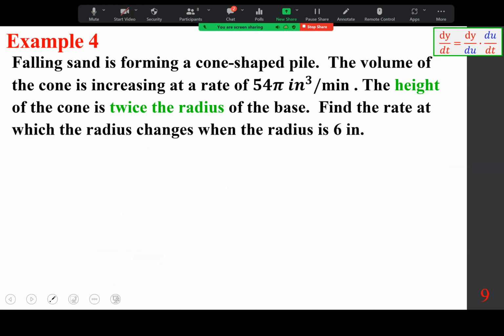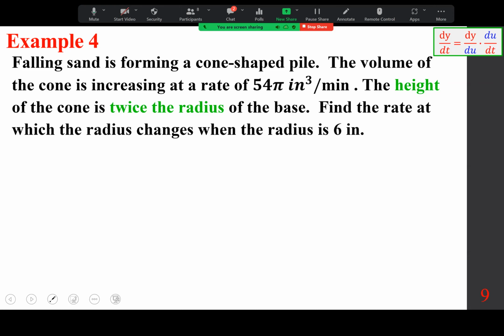I'll read it. Falling sand is forming a cone-shaped pile. The volume of the cone is increasing at a rate of 54 pi inches cubed per minute. The height of the cone is twice the radius of the base. Find the rate at which the radius changes when the radius is 6 inches.